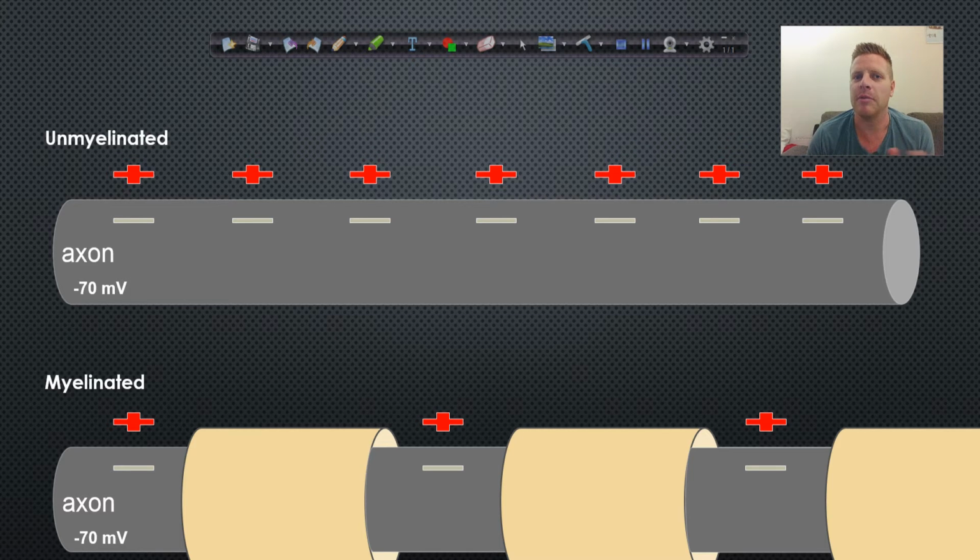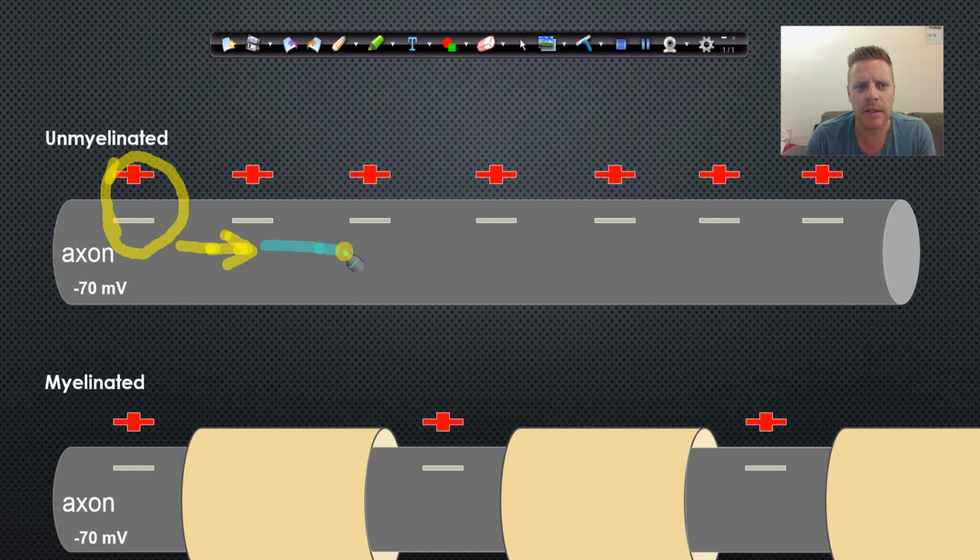And so the reason it can only travel in one direction is that, for instance, after this region of the axon had fired an action potential which had spread along the axon to this next area and triggered an action potential, this area would repel ions in both directions.